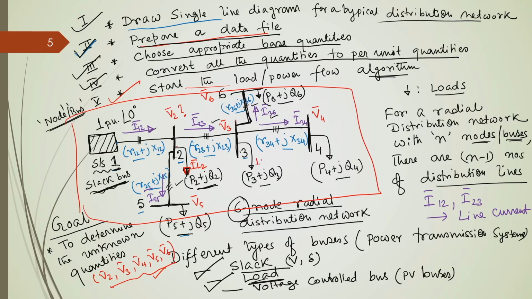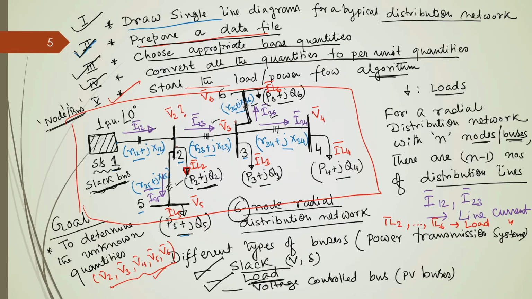Similarly, I L 3, I L 4, I L 5 and I L 6. This is I L 6. Okay. So, this I L 2 to I L 6, they are load current.